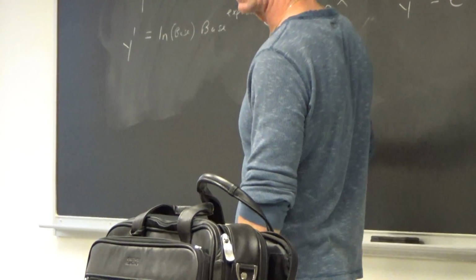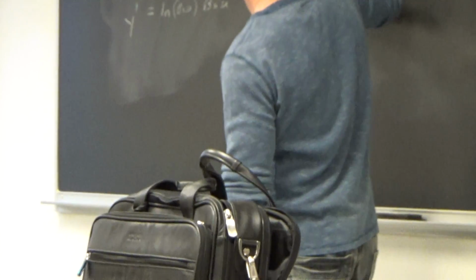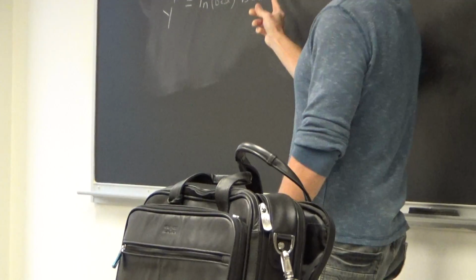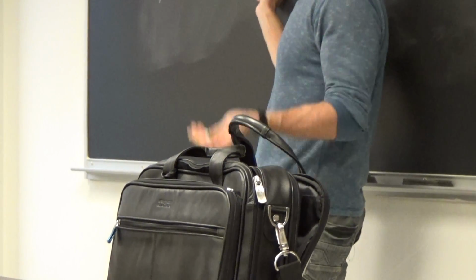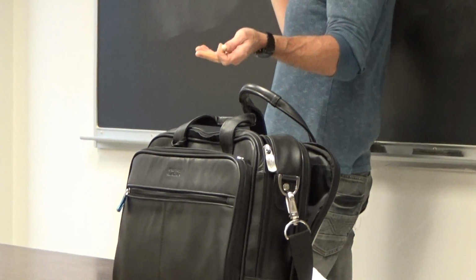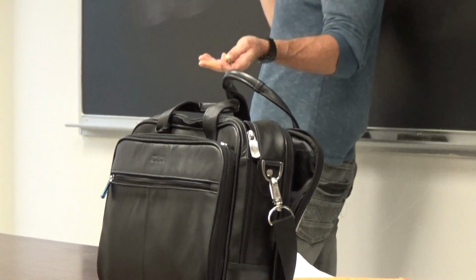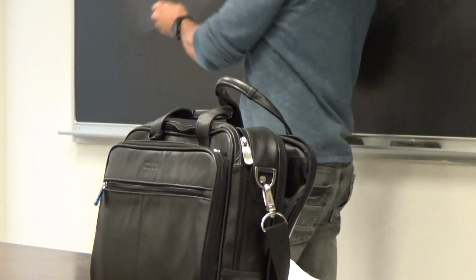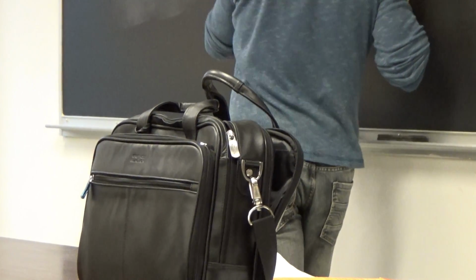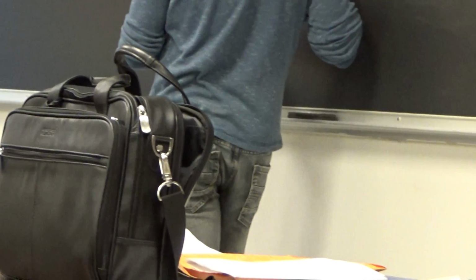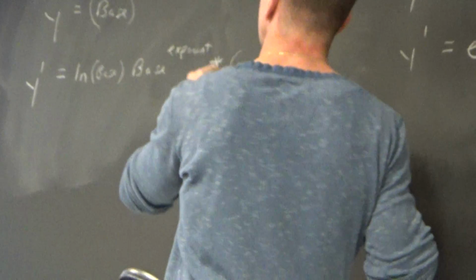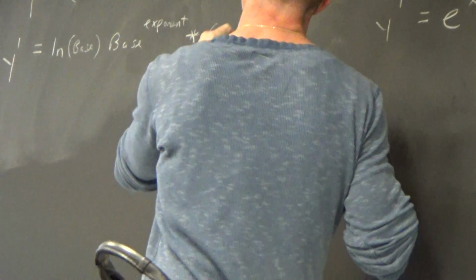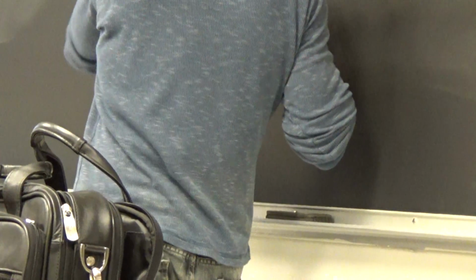But if this exponent is something a little bit more complicated than x, like 2x squared or 5x or 3x, then we're going to have to apply chain rule and multiply by the derivative of that exponent, if needed.